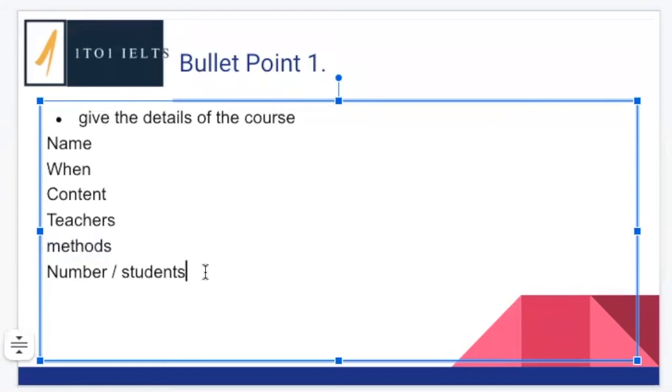So anyone watching this at home, once again, try and write yourself a paragraph of this. Remember, your paragraph should be around 45 to 55 words.